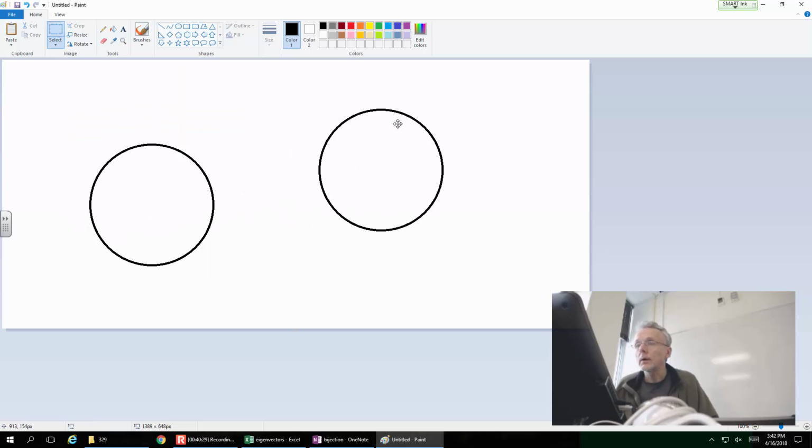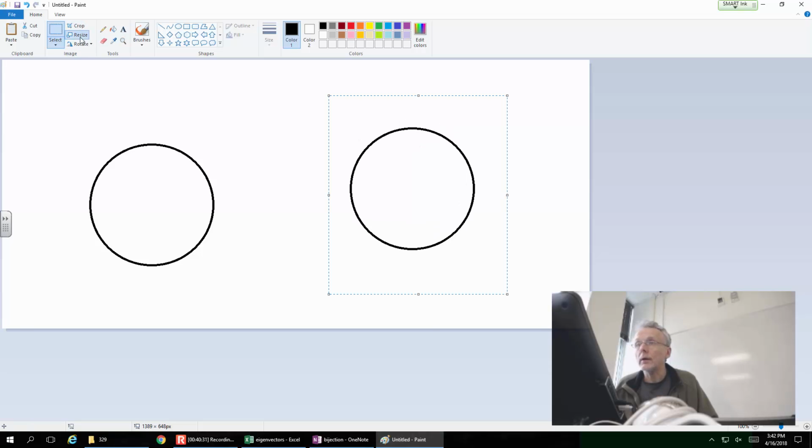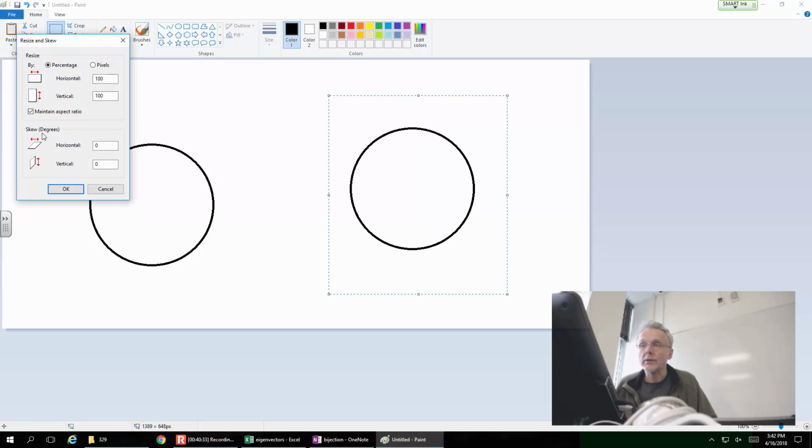So like this, and there is a resize, and there is actually skewing a possibility here. So you could stretch it. The first two entries, two possibilities, are actually about stretching. So let me do it anyway. So I put here 200 horizontally and 300 vertically.